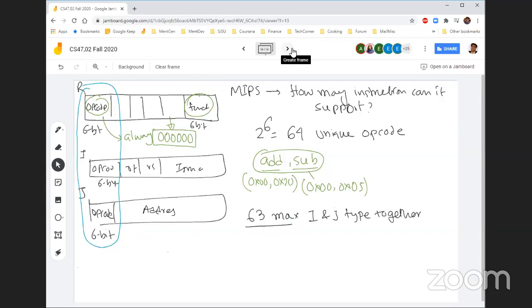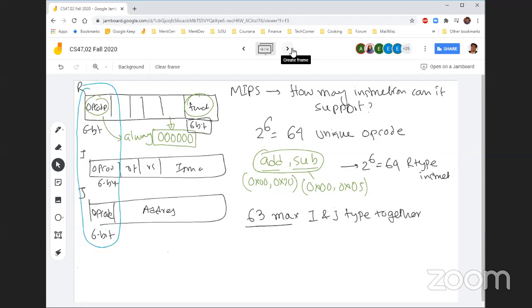Now, how many R type instructions can there be? We have these 6 bits of function code, and they can distinguish instructions from each other. So 2 to the power 6, 64 R type instructions can be there uniquely. We have a unique function code for each of these 64 different R type instructions.